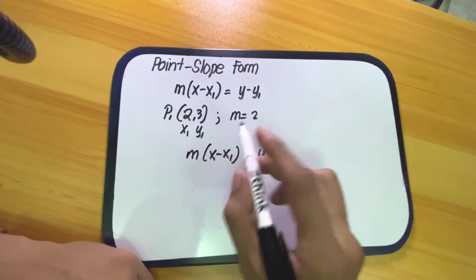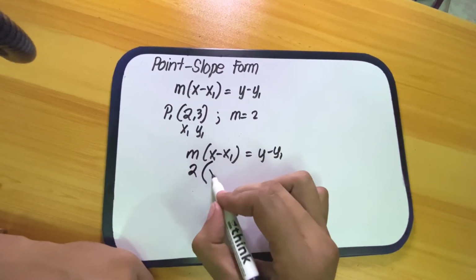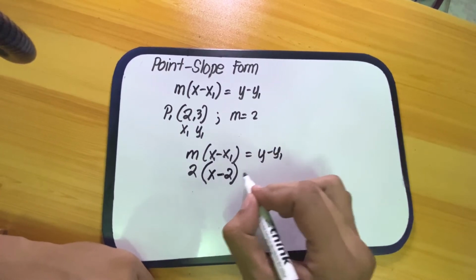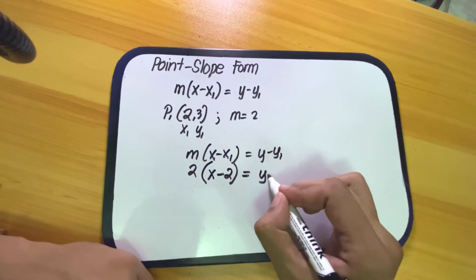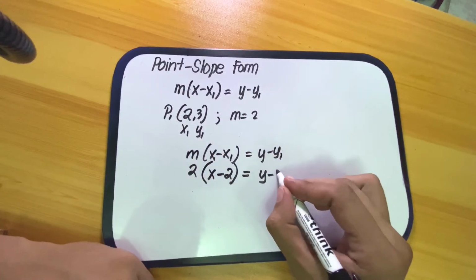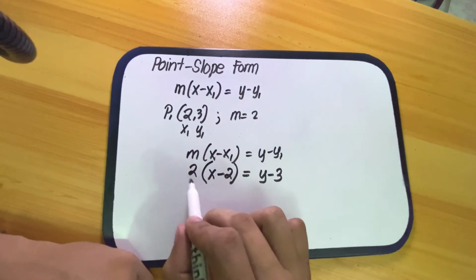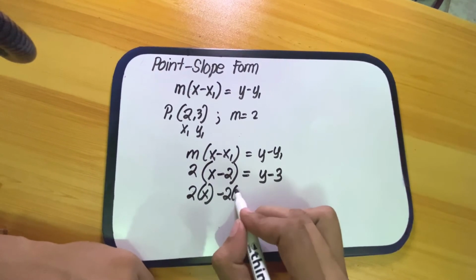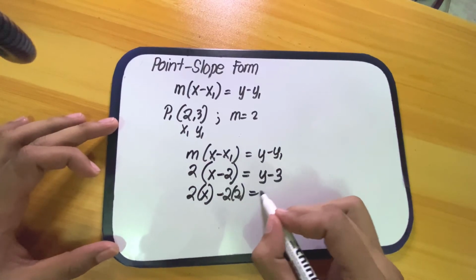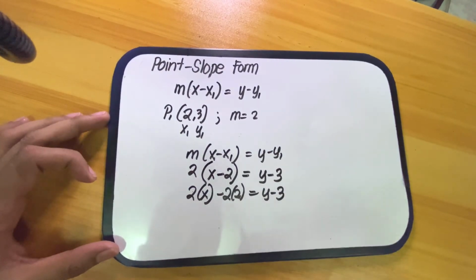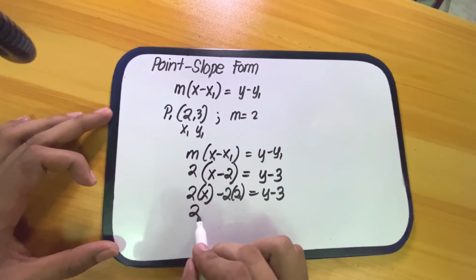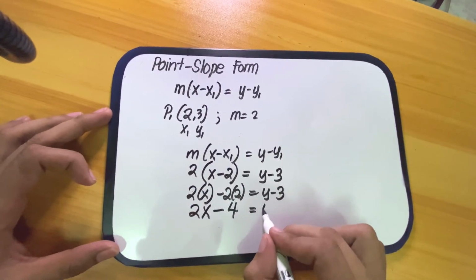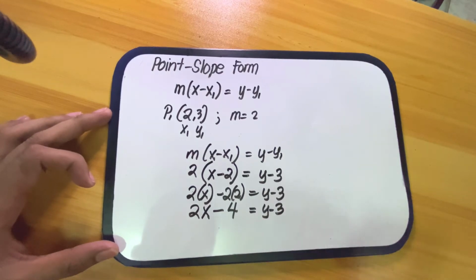So your m is 2 times copy x minus your x sub 1 is 2 equals copy y. Your y sub 1 is 3. Okay, then multiply 2 times x minus 2 times 2 equals y minus 3. So 2x minus 2 times 2 is 4 equals y minus 3.